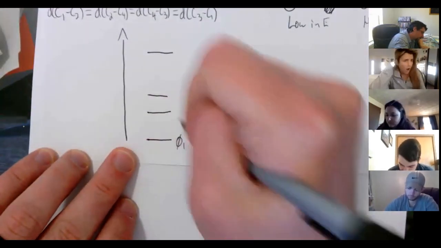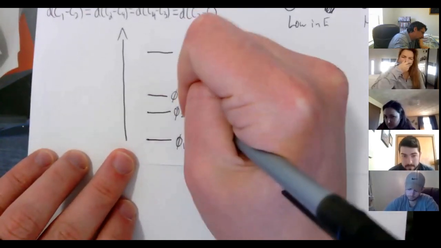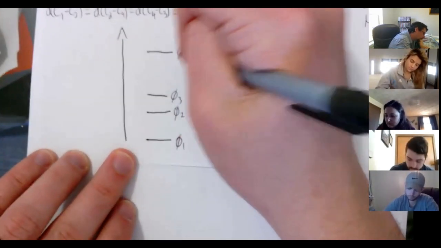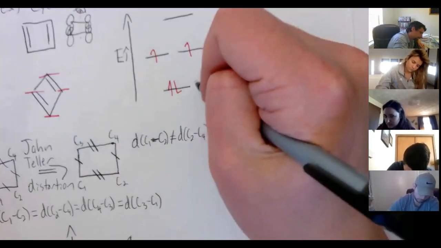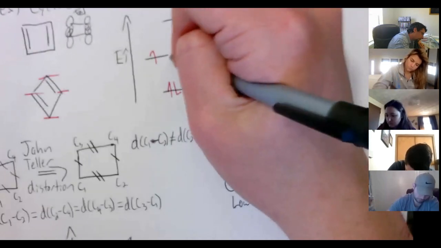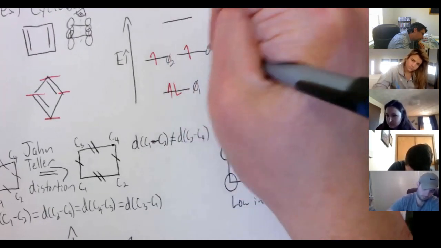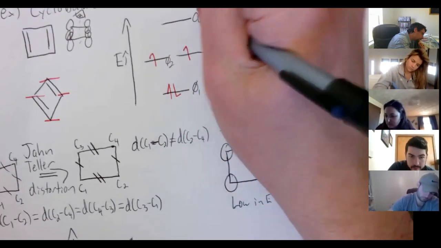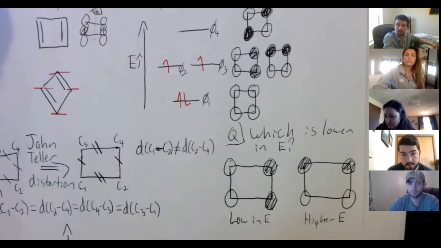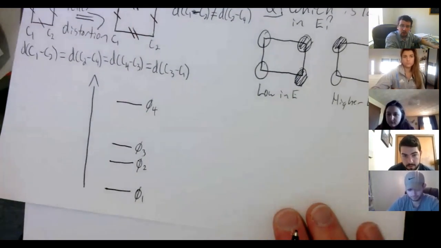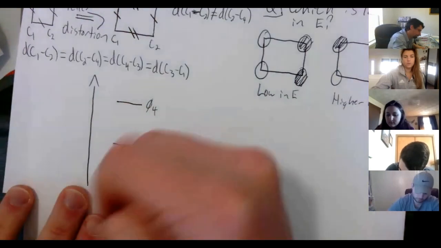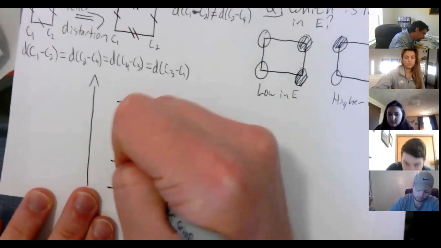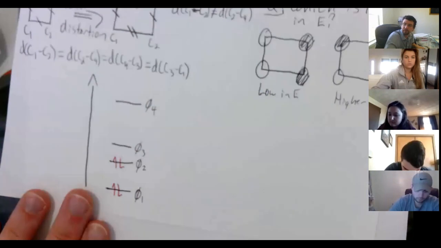We're going to label these with phi, and we'll do the same up here, so that we can compare them. Now, what's going to happen to the filling here? There would be 2 electrons in both phi 1 and phi 2. Yep. And now this one is empty.